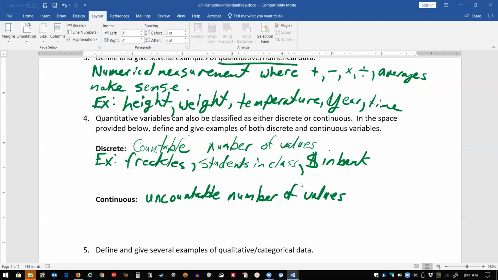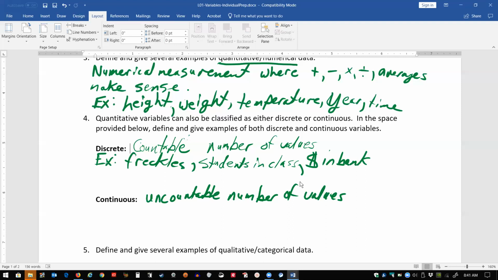You can pick any two numbers, say the 1 and 2 that we talked about before, but for a continuous variable, you can't just have the values 1 and 2. You can also have every value in between them: 1.1, 1.5789. You can have irrational numbers as a part of these possible outcomes. So a continuous variable is uncountable because it follows the number line. It would cover every value there.